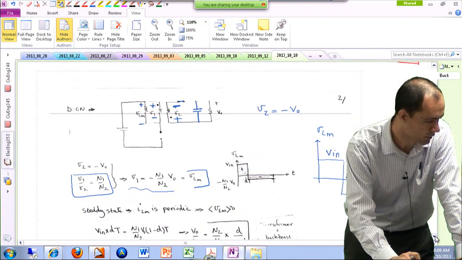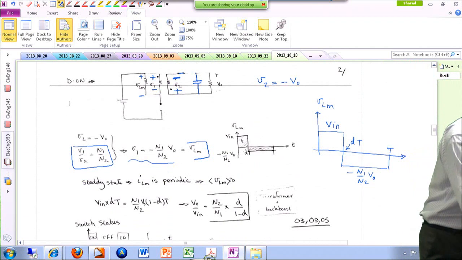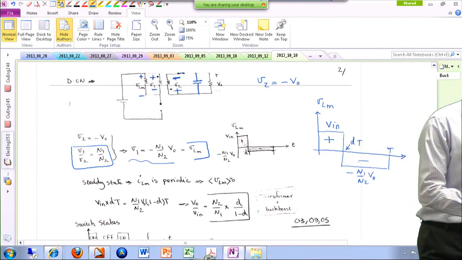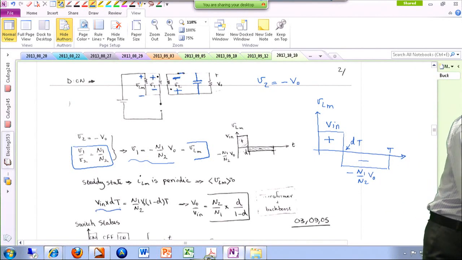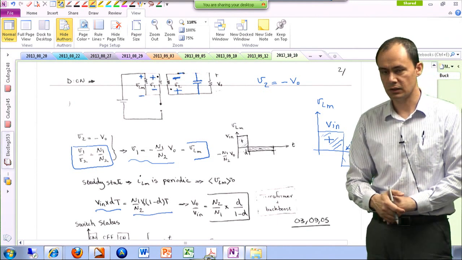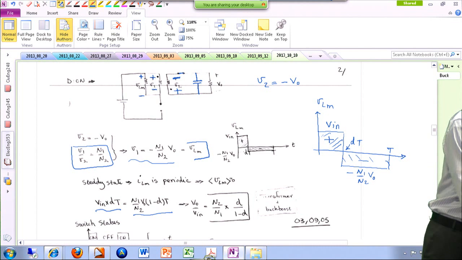Or there's always a simpler way, and that is arguing that on average this VLM should be 0, so these two areas should be the same. Vin times dT, which is the area of this square over here, is the same as the area of this square, which is N1 over N2 times Vout times (1 minus d) times T. So in the end, you will end up having this voltage transfer ratio.